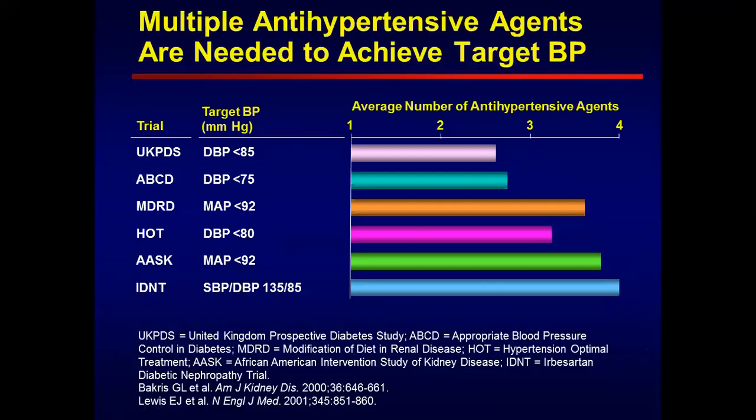And remember, the landmark studies like UKPDS, ABCD, Madrid, HOT, ASCOT, and IDNT, all these landmark trials found that they used a lot of drugs, up to 4.5 drugs, in order to achieve a target blood pressure. So there is no problem if you use multiple drugs.